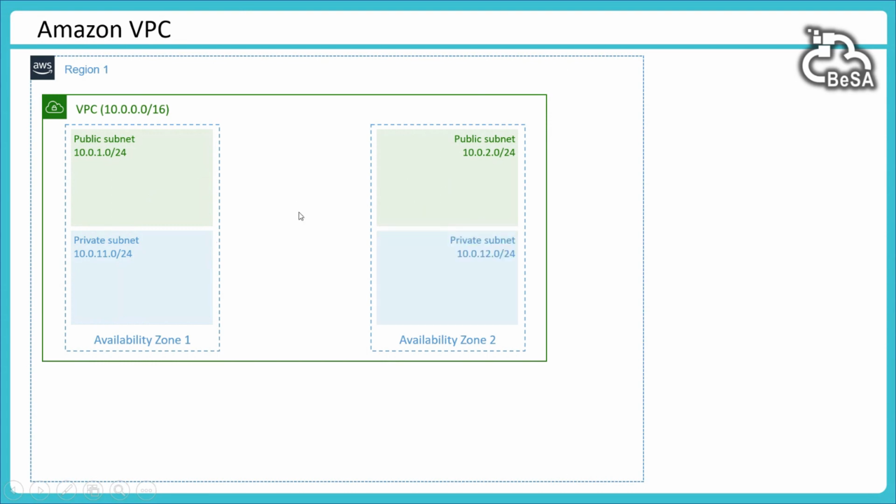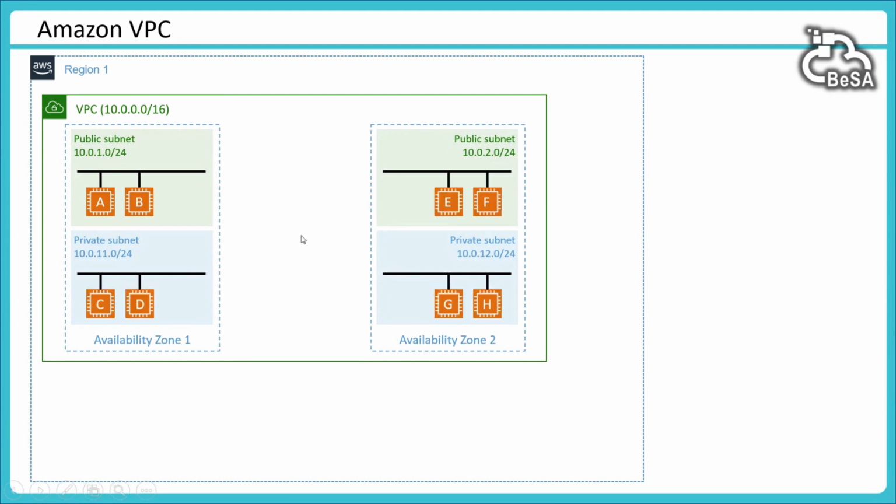And once these subnets are ready, think of a subnet like a wire, and on this wire you can keep on adding your resources. So once your network has been laid out, now you would start adding resources here. Like you would have a machine here, A, and then another instance called B, C, D, E, F, G, H.